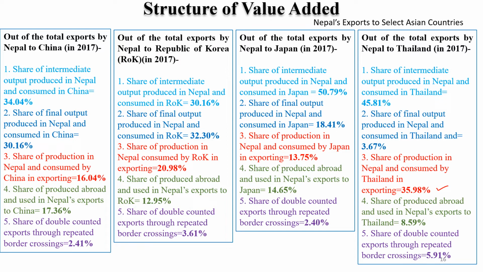On the other hand, if you look at the share produced abroad and used in Nepal's own exports to different countries, which is basically the backward linkages, for China it is around 17.36%. And the goods exported by Nepal, more than 60% are actually being consumed by those countries, as we can see here, summing these two components.